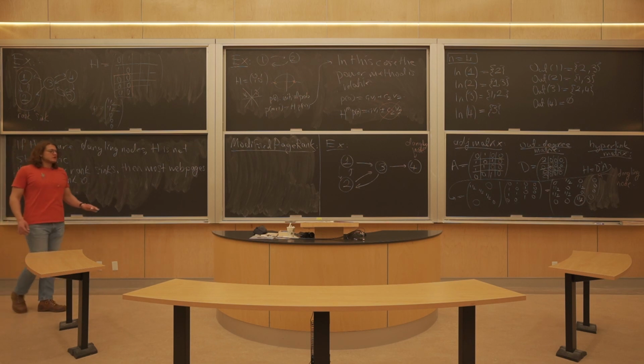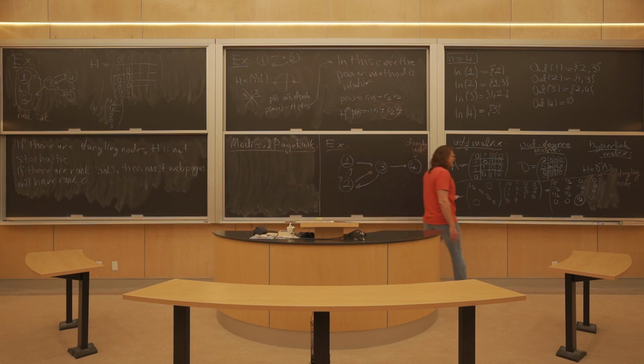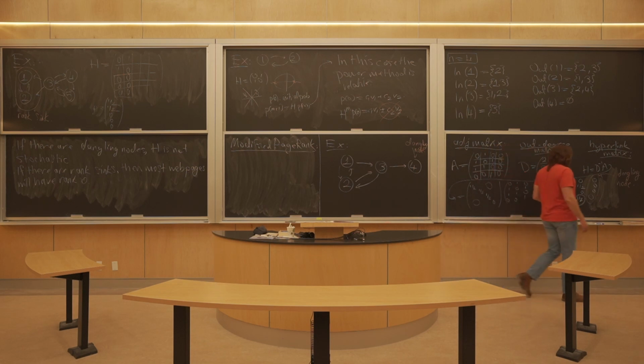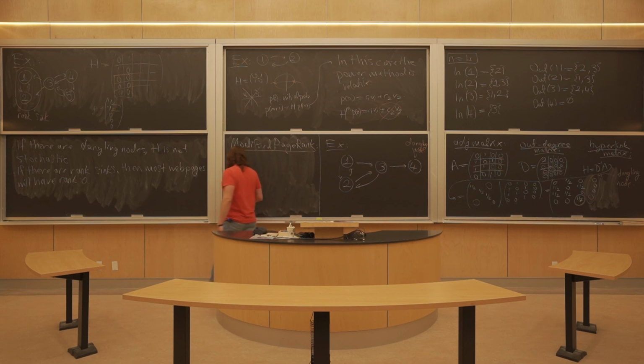First of all, you want to have a pre-processing scheme so that this hyperlink matrix is not a non-stochastic matrix. So you want to handle these dangling nodes somehow. There are a couple of ways of doing this. The scheme that I think is most popular is the so-called disperse.